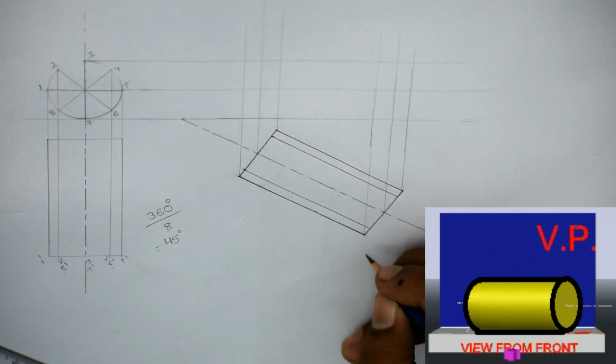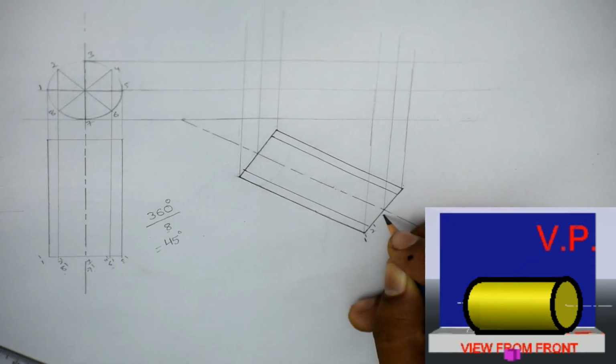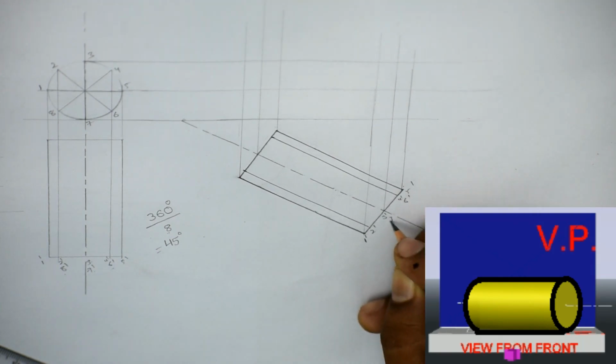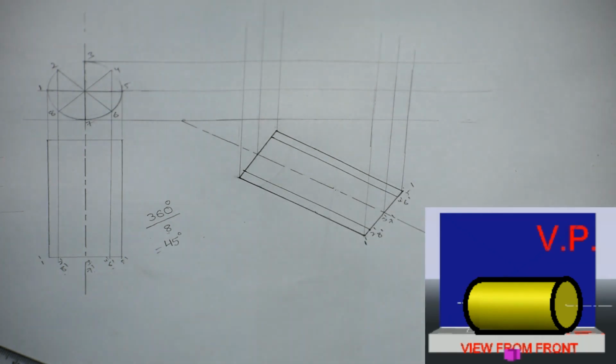And now I can mention here points 1 dash, 2 dash, 3 dash, 4 dash, 5 dash, then 6 dash, 7 dash, 8 dash here at this point.